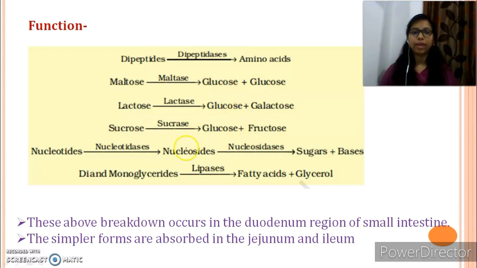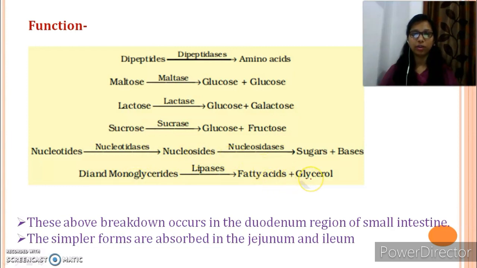Okay, next is the enzyme nucleotidase and nucleosidases. Okay, so nucleotidase will act on nucleotides and convert it into nucleosides. Okay, and nucleosidase will act on nucleosides and convert into sugars and bases. Okay, means nitrogenous bases. Okay, similarly, the enzyme lipases will act on monoglycerides and diglycerides and convert them into fatty acids and glycerol.